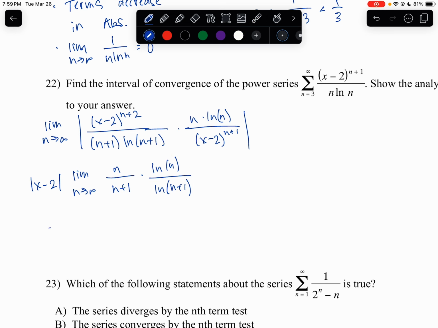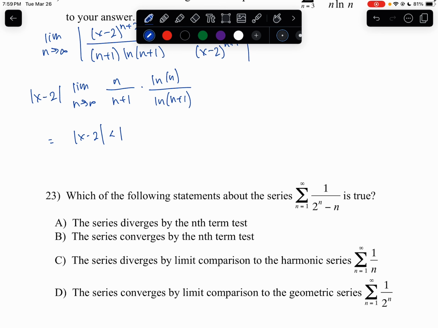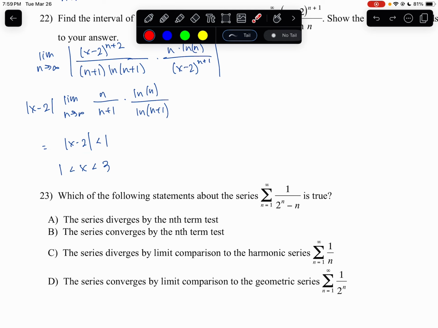So my answer to this limit is going to be the absolute value of x minus 2, and that has to be less than 1 for it to converge. So my interval of convergence is going to be between, if I add 2, that's going to be 3, and the other side is negative 1, so 1. So here's my interval of convergence, but I also need to test my endpoints, right?